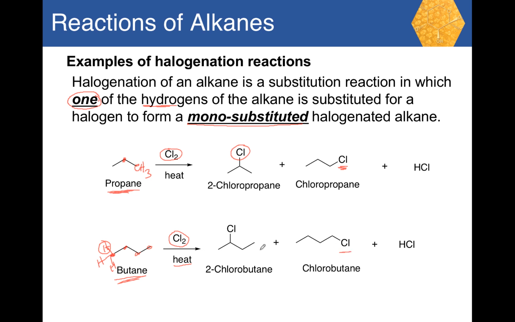I just got it switched around. So just not to confuse you, here's the same thing. One hydrogen for a chlorine. We have here two hydrogens, 1, 2. One of these hydrogens for a chlorine, so we have two possible products, and of course HCl as another product.